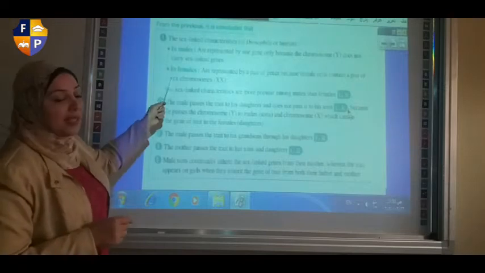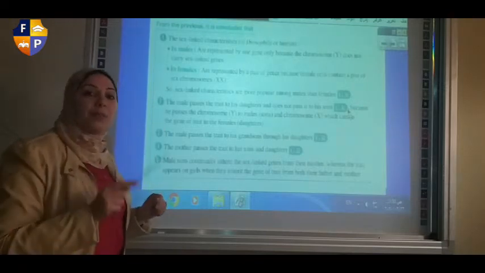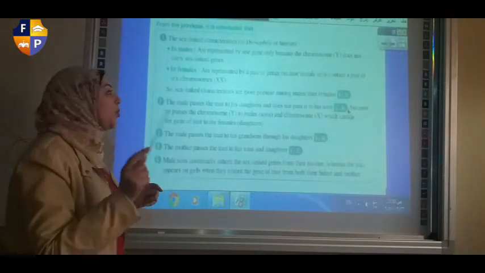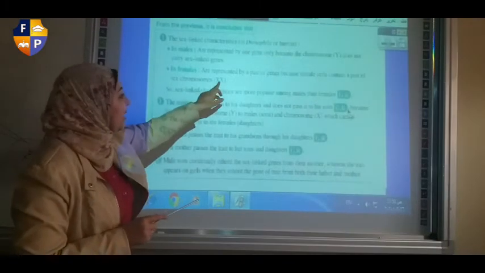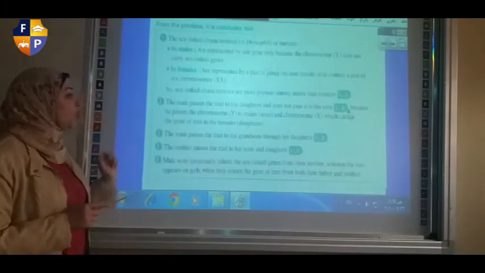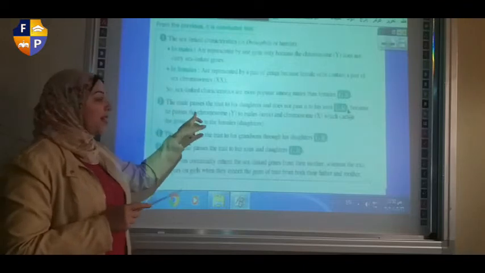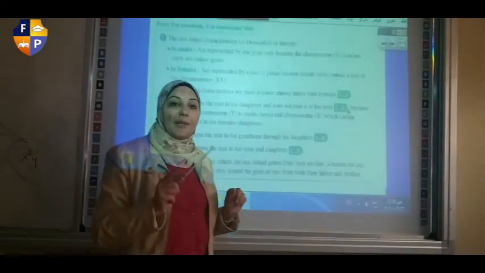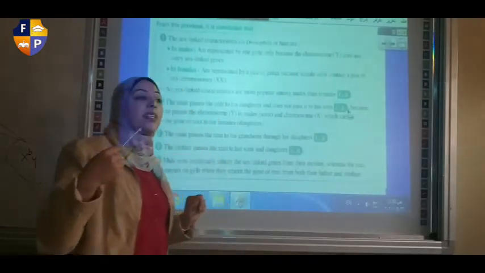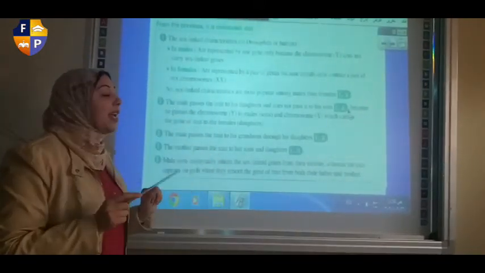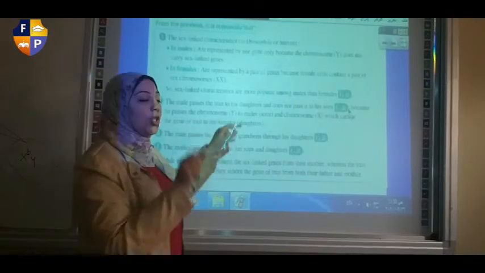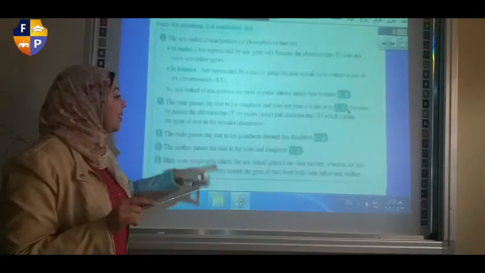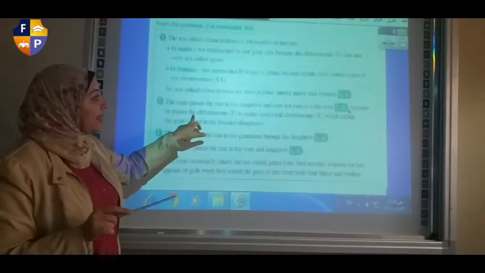While in females, it is represented by two genes present on both sex chromosomes, XX. And we also conclude that the male passes the trait to his daughter only, as the male transfers the X chromosome to his daughter and transfers the Y, which doesn't carry any trait, to his son. Okay, second one.